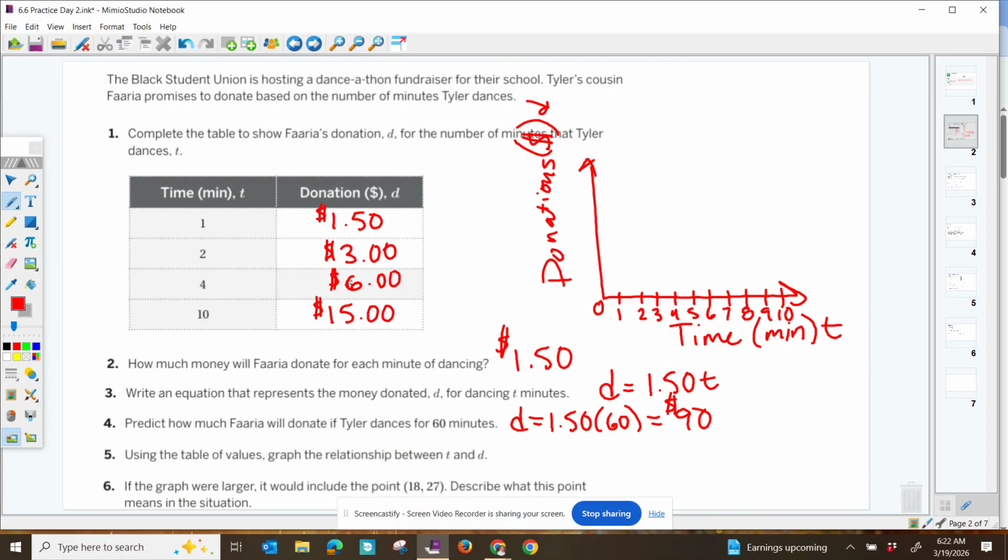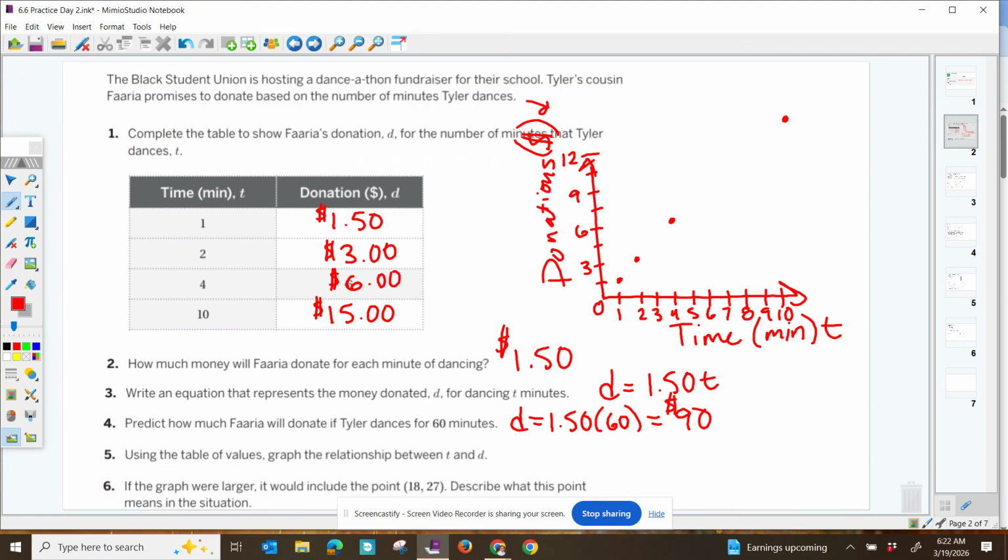But I need like 2, 4, 6, or maybe even if I make every other line 3. Oops, I'm going to run out of space on this one, but you guys should be able to do it on yours. I've got 1 is $1.50, 2 is $3, 4 is $6, and 10, if I follow that, is going to be out there somewhere.